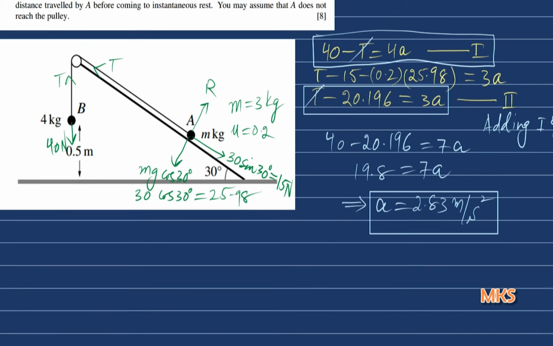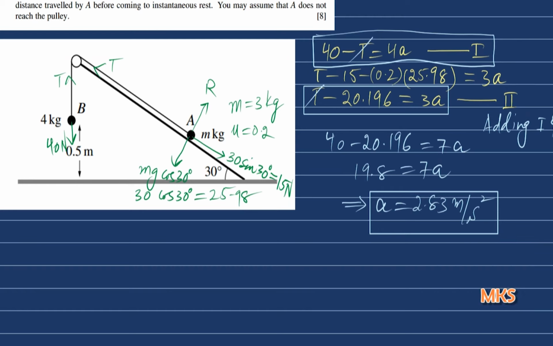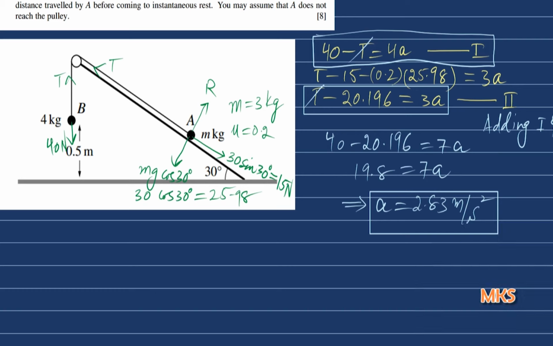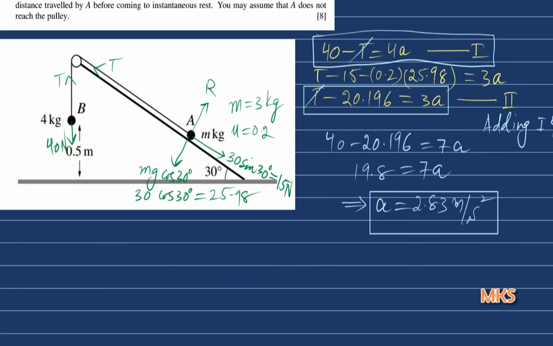Now the next thing is this. In this case, there will be two parts of the journey. First part, B reaches the ground, and obviously A has moved 0.5 meters ahead. The string will become slack. And in the second segment, A will come to instantaneous rest later. First part, distance covered is 0.5.